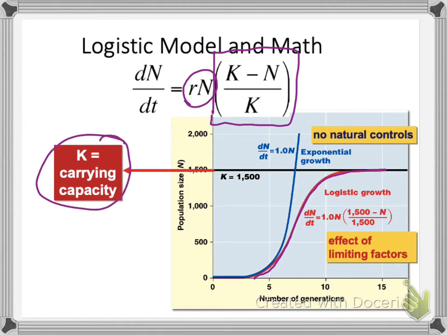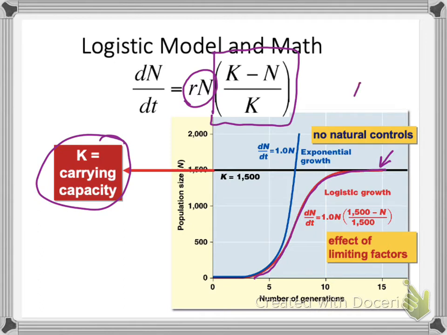So that is, remember, the maximum number of individuals that can be sustained over a long period of time in our environment. So we're taking into consideration the need to slow the growth towards that K, and we can really see the effect of those limiting factors versus, say, an exponential growth where there is no natural controls.